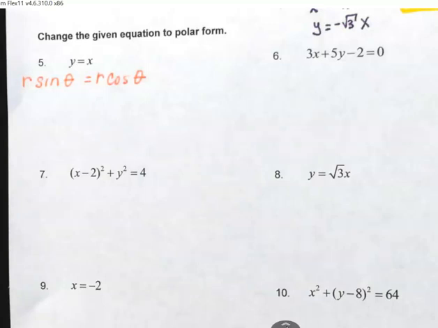So if I try to get r by itself on this side, I could divide those sides by sine. Divide by sine, I'd have cosine over sine. But look, we have tangent. So I'm going to divide both sides by cosine.